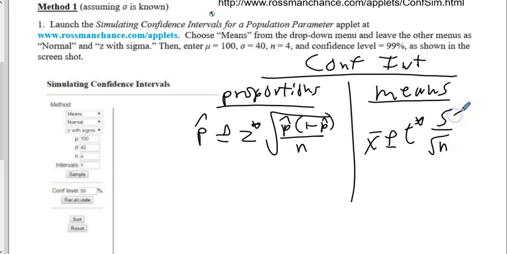Now this s is the sample standard deviation. Not the standard deviation of the population, the standard deviation of the sample. And we're going to see that it's very rare to get the population standard deviation. So it's x bar plus or minus t star, times s, the sample standard deviation, over the square root of the number of participants.